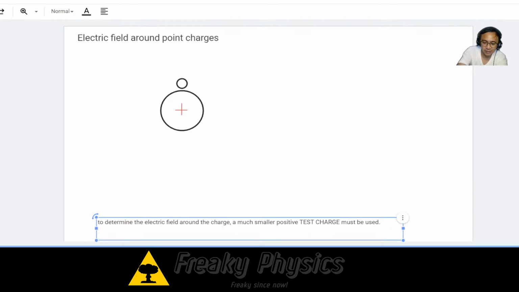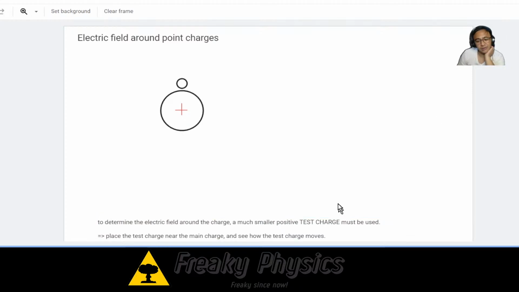So again, place the test charge near the main charge and see how the test charge moves. Since they're both positively charged, this is going to be repelled and it's going to move that way.